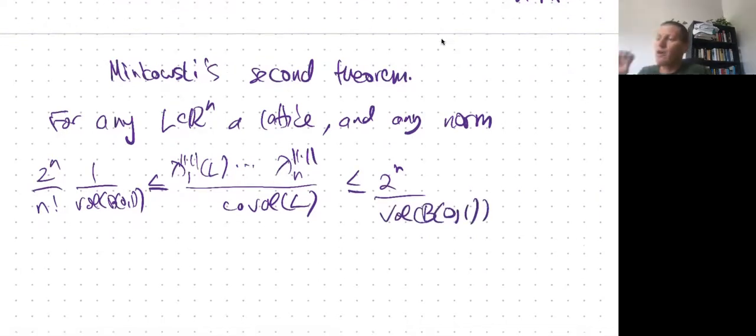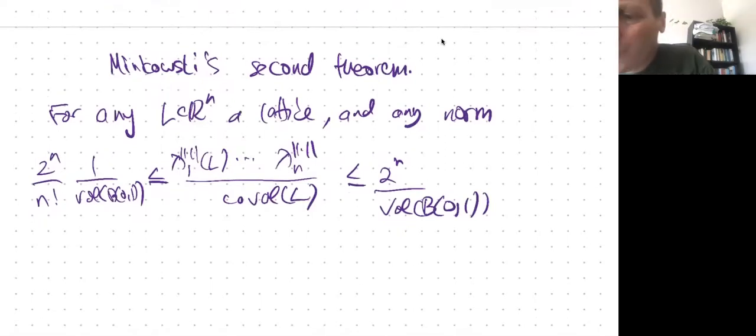Looking at this, if you are not interested in constants that depend on dimension and on the norm, this right-hand side is just a constant. It doesn't depend on the lattice. The left-hand side is some other constant that doesn't depend on the lattice. So what this is saying is that the product of the successive minima divided by the covolume is bounded above and below by constants.